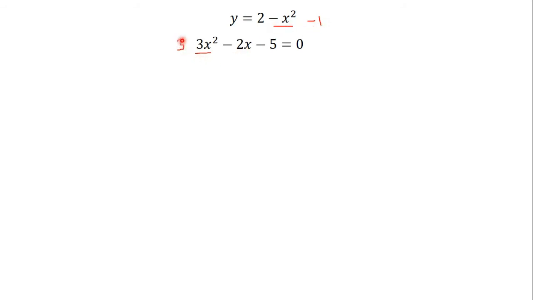So we are going to multiply 3 by a constant or a number such that it will change to minus 1. So what number should we multiply by 3 such that we will change it to minus 1?